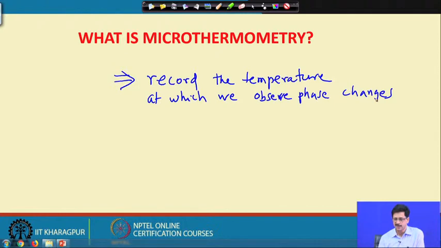So, we go by the first assumption that the fluid was trapped homogeneous.